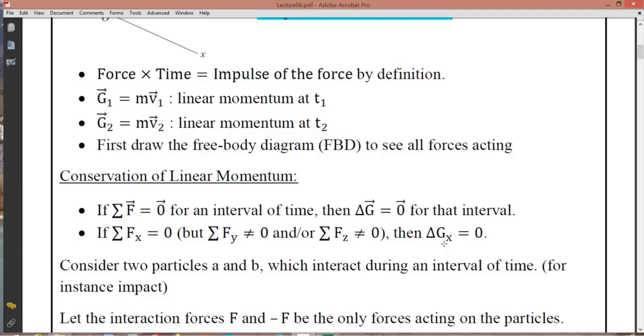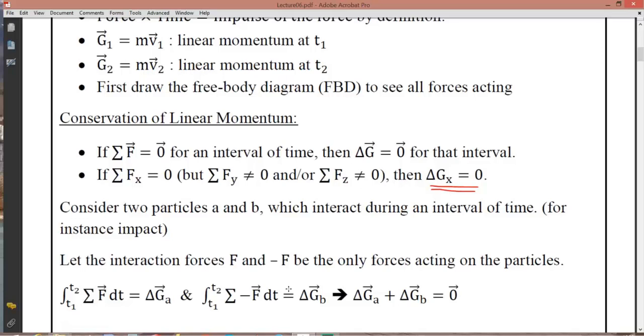So the linear momentum along that axis will be conserved, and delta Gx being equal to zero tells us that the linear momentum along the x direction has been conserved.